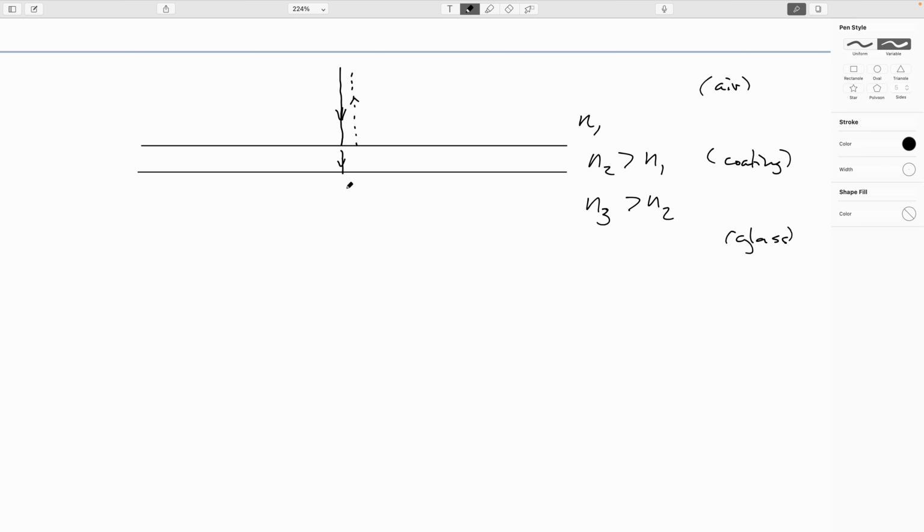Some of it will go on through, and some of it will get reflected back here as well. And because you're bouncing off a higher index, there will also be a phase change. Now, there will also be some rattling back and forth within the layer, but that is beyond the scope of this treatment and doesn't change the main outcome that we're looking at. So this is a case where you had two phase changes.